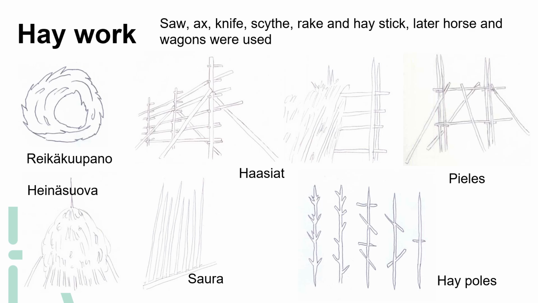These different types of small buildings here have different Finnish names. There are not any names in English for these. You can see some of these are usually not that high, but this Heinäsuova, down in the corner to the left, is actually quite a big construction.